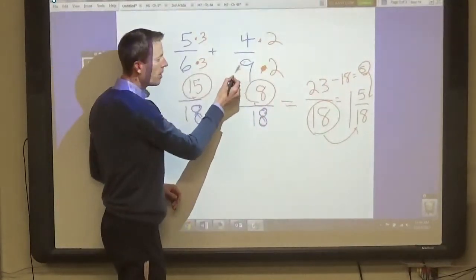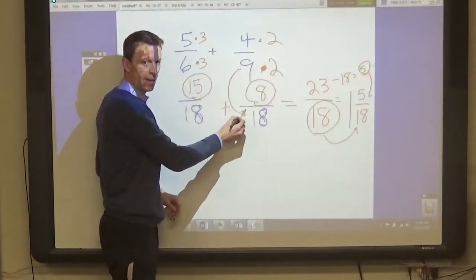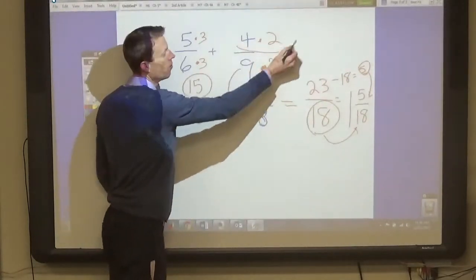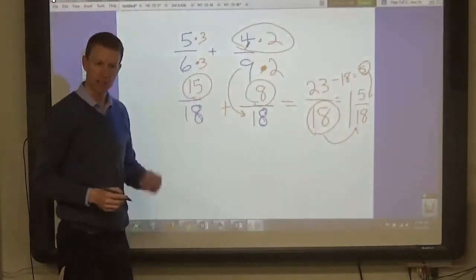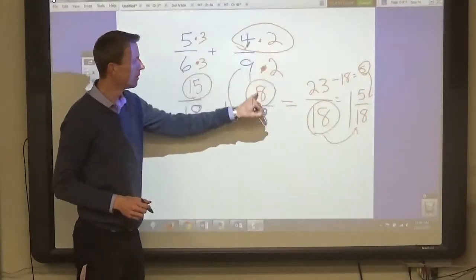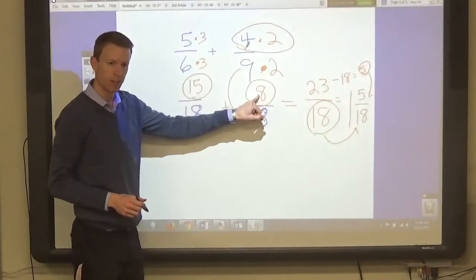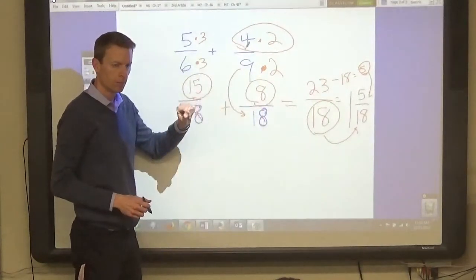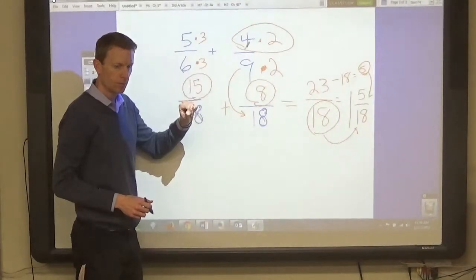So to change 9 into 18, we have to multiply it by 2, right? That means we have to multiply the numerator by 2 as well, by the same number. And 4 times 2 is 8. Does that make sense?